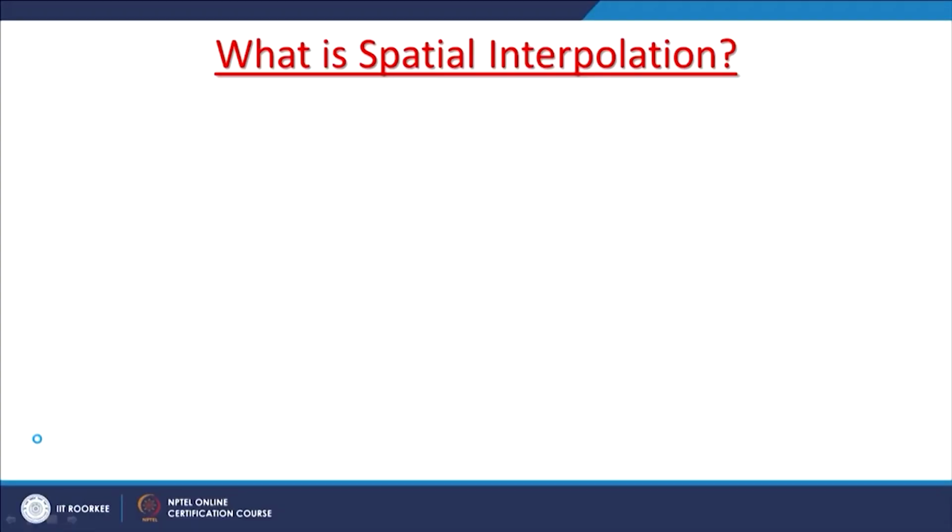If we think about the spatial interpolation, first of all why we have to do it, that we will also discuss. Before that, let us discuss what is basically spatial interpolation. It is a mathematical technique by which we try to predict something based on our input data.